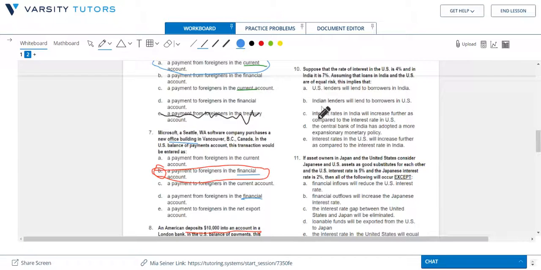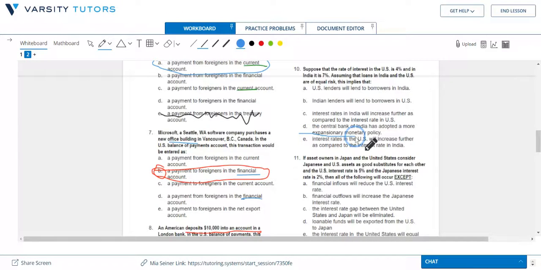Suppose that the rate of interest in the United States is 4% and in India it's 7%. This assumption is necessary for capital to flow, so it's just part of everything we'll ever see. If that's happening, eventually things are going to take place. Interest rates in the US will increase further compared to India.